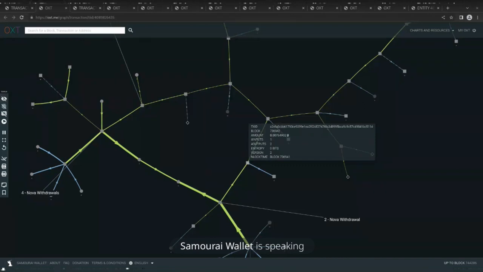Mickey asked, is it possible for this tool or something similar to be made available for people to utilize with their own full node? I'll take that one. The short answer is not OXT. I believe there are other types of tools that you can explore to run with your own full node. The way OXT works is a graphing engine.